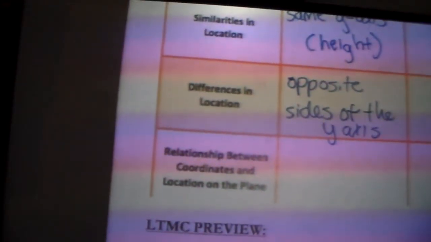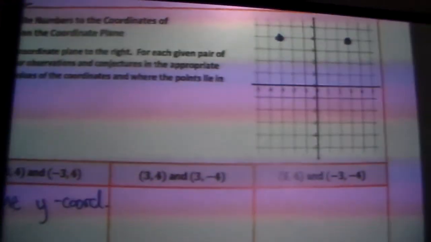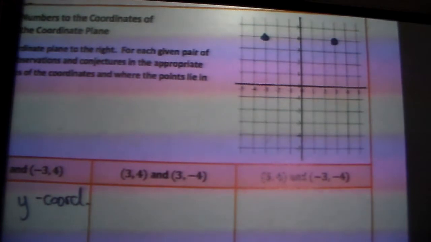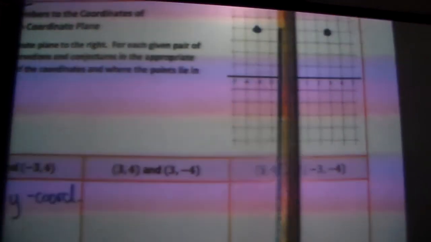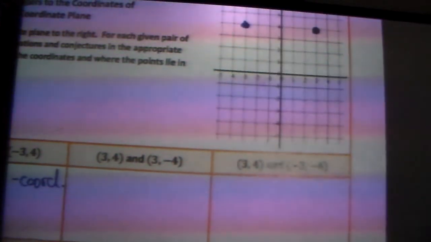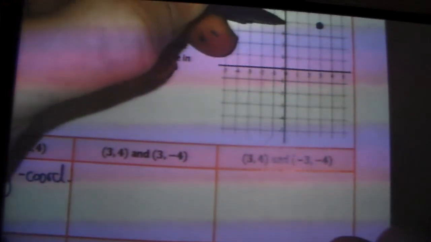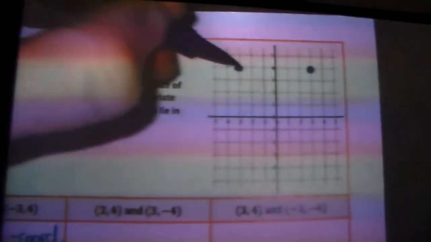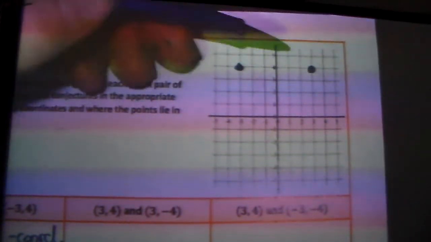So if we think about the relationship between the coordinates and the location on the plane, take a look at this. We know with a reflection, or you can think of it as a line of symmetry, if I have this y-axis right down the middle, I'm trying to do this with my ruler as best I can, I can clearly see that this point is 1, 2, 3 away from the y-axis, and so is this one, 1, 2, 3 away.